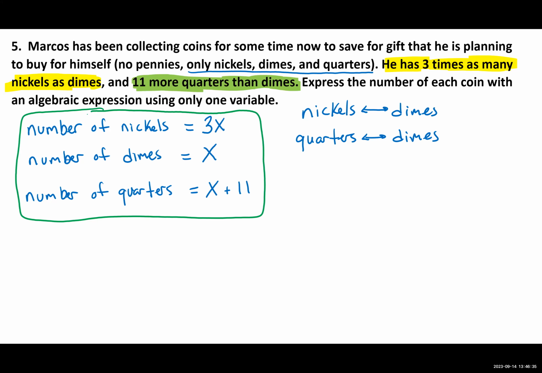Take everything that's presented to you that's unknown and give it a symbol. Now, when I say symbol, that could be a single letter like x, or it could be something more complicated like 3x or x plus 11. But each of the 3 are now represented symbolically. All right, that does it for these 5 problems of classwork.